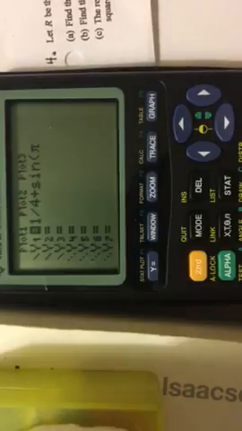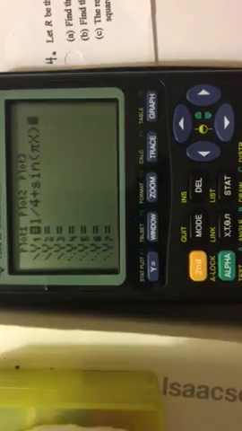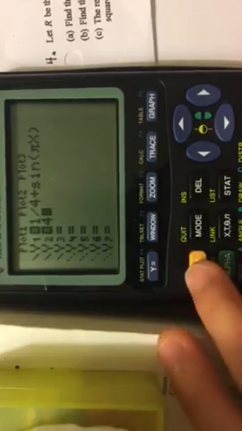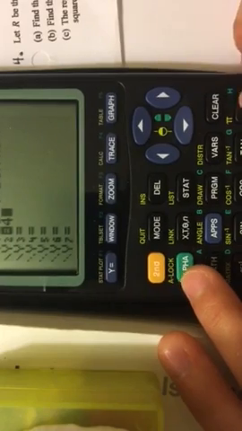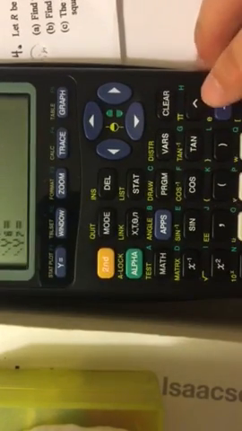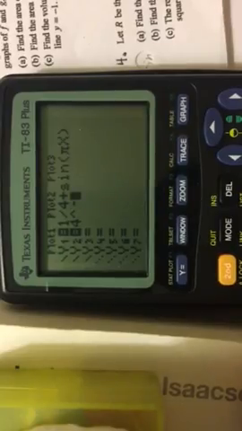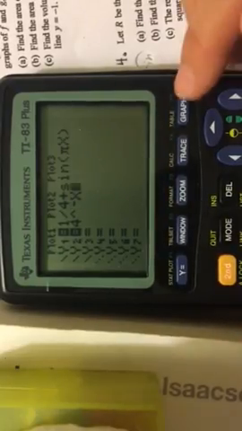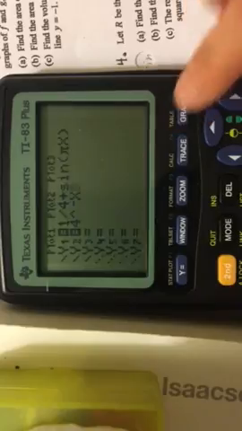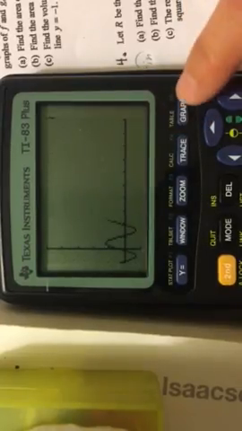And then the x is the key over here, x, and then parentheses. That is your first equation. And then you plug in the second equation, which is g of x. That is 4 to the negative x. So for the power, you use this, 4 to the negative x. And then you have these two equations, you graph it. You just click graph.